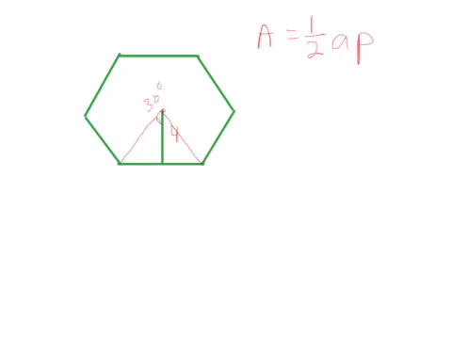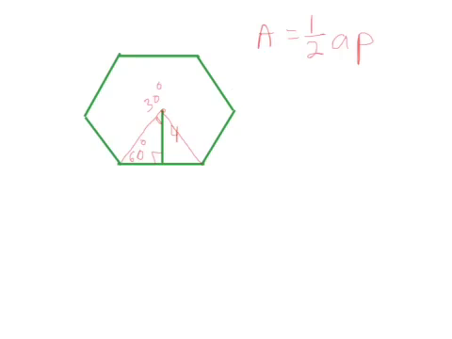The apothem, by definition, goes from the center and is perpendicular to a side. So it's going to create a 90 degree angle here, which will in turn make this a 60 degree angle right here.